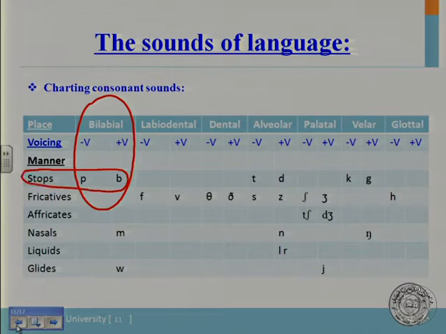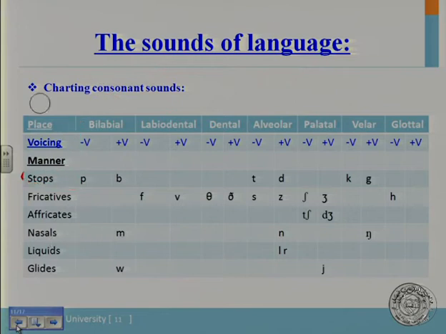The place is bilabial, two lips, and the manner is stops, because these sounds are produced with the help of two lips, and the airstream is blocked and then released. So, p is voiceless and b is voiced.